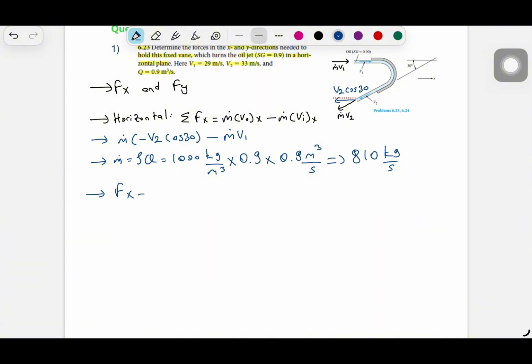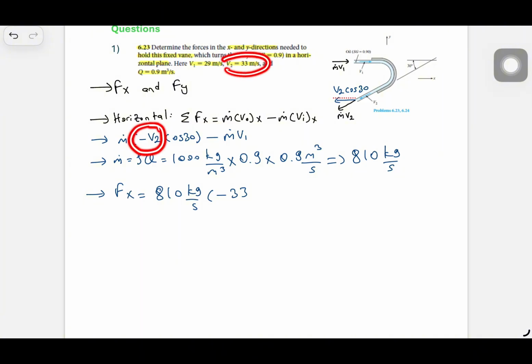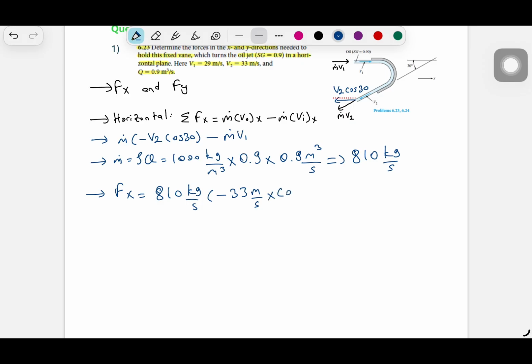So Fx will be equal to 810 kilograms per second times minus 33, which is velocity 2, already given in the question, times cosine 30.